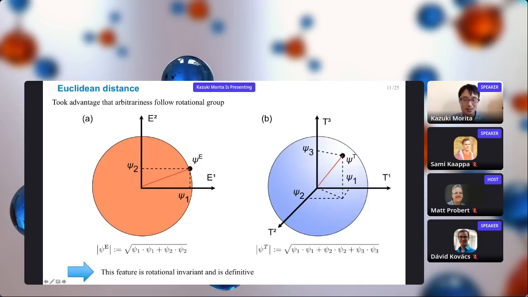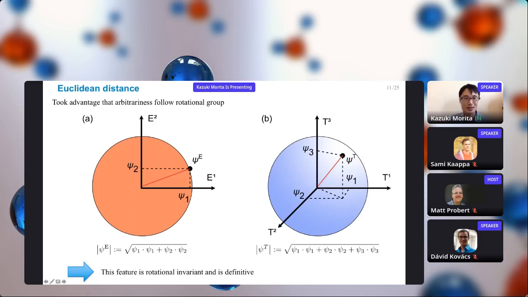This is slightly technical maybe, but let's say there was a 2-dimensional irreducible representation. If there was a distortion like this, within this specific choice of the basis set, the amplitude will be, of course, the norm with respect to these basis sets, psi 1 and psi 2. And actually, the choice of the initial vectors only moves this point around in the circle.